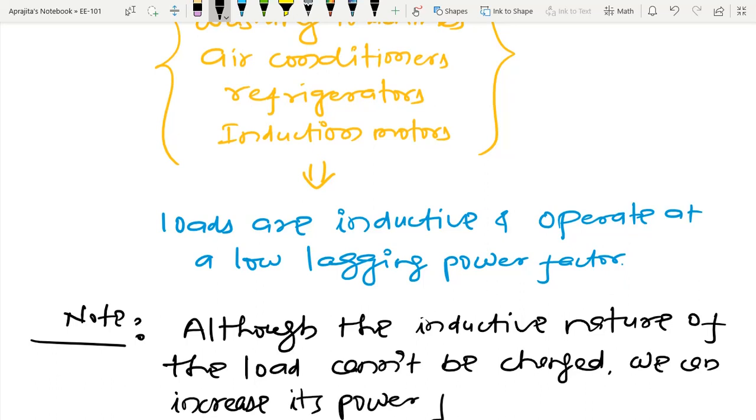For that I am going to do the power factor correction, and we also understand how to do that.